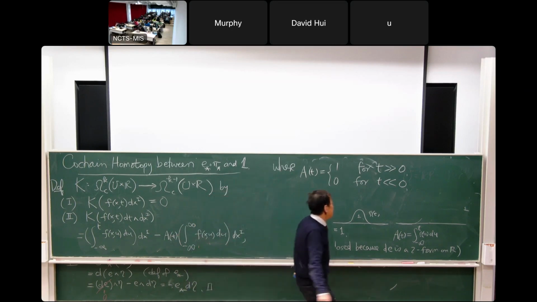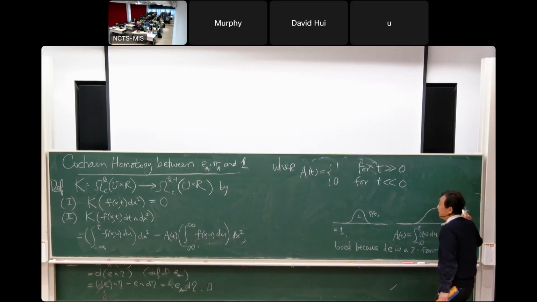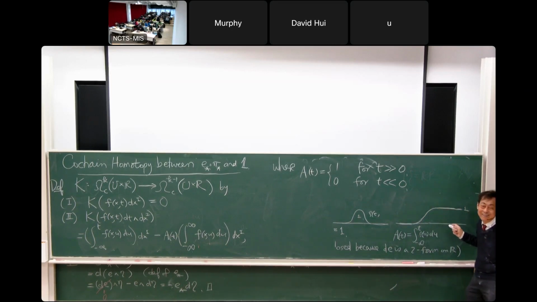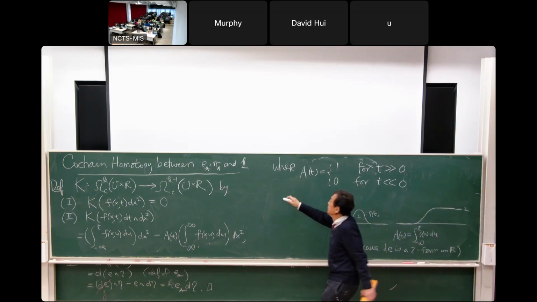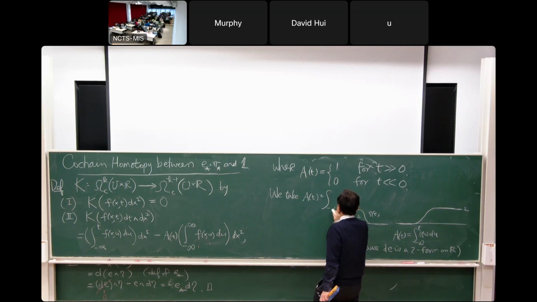Now, where is a function like that? It's right here. You can take a of t to be the integral of rho of u. It's right here. So we take a of t to be the integral from minus infinity to t of rho of u du.